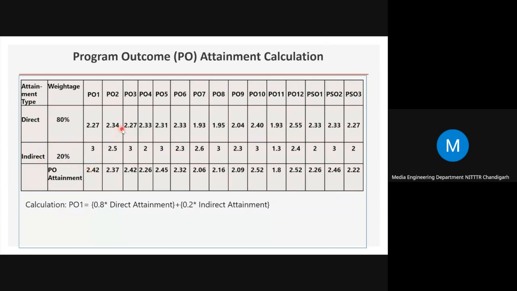Then 2.35 into 0.8 plus 2.5 into 0.2 will give us the PO attainment for PO2 using the direct and indirect methods, right? This is how we calculate PO and PSO attainment using direct as well as indirect approaches, and we'll have such final numbers. Okay, any question up to this point?